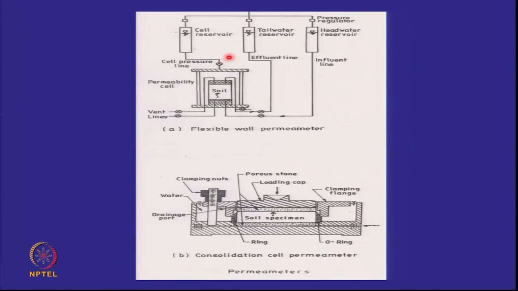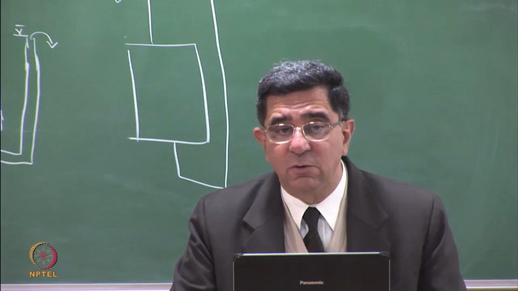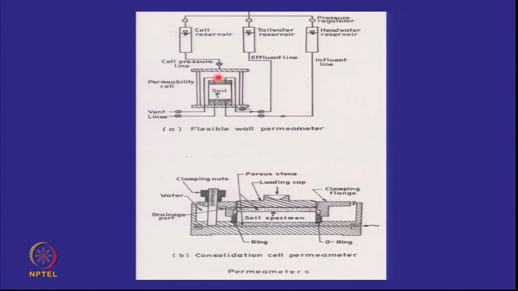But now instead of shearing the sample by putting a load on it, I cause a head difference between the two sides of the sample. And water will flow from in the bottom upwards. And as the water comes out from the top, please remember you had a loading cap on the top. And the loading cap did not have a hole in it through which water could come out. But in this case, you use a loading cap through which water can come out.